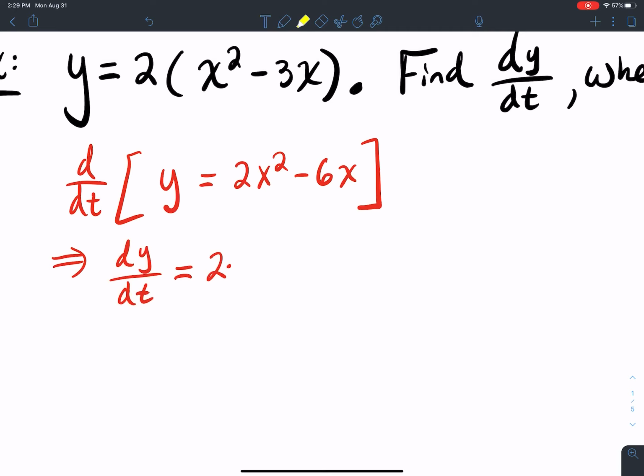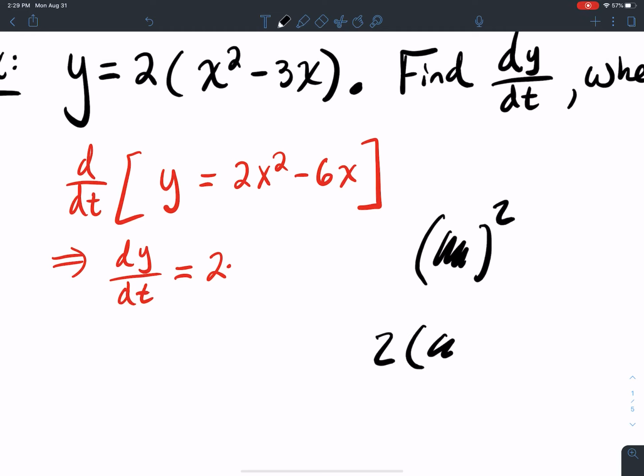And the derivative of 2x squared with respect to t, well, I'm going to pull the 2 out front. Now I'm going to treat this x squared with the chain rule since x and t are different variables. So remember, if I have something squared, the derivative becomes 2 times something raised to the 1.